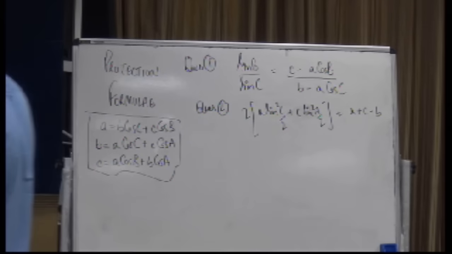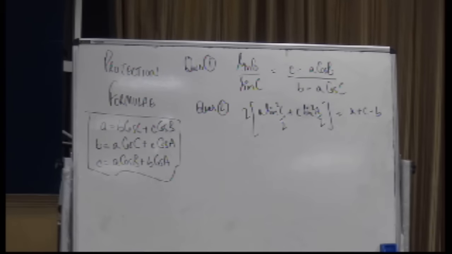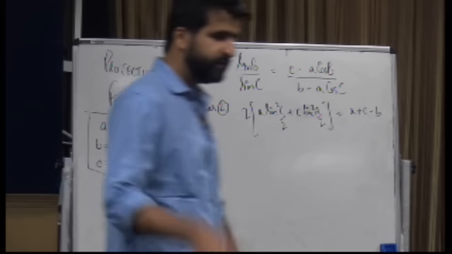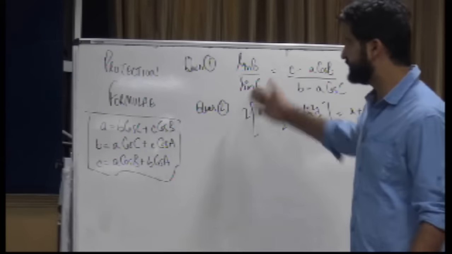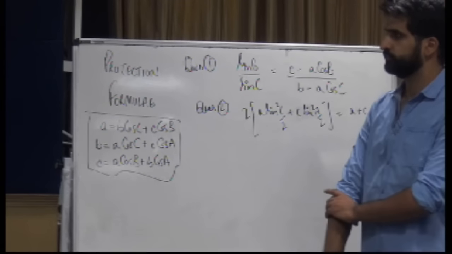And the third: B square minus C square upon A square. So there's a question on screen. Let's try these two questions first, then we'll move on to this one.